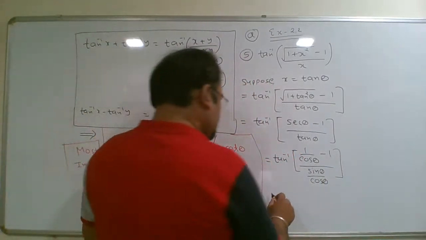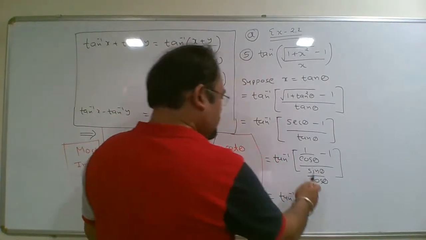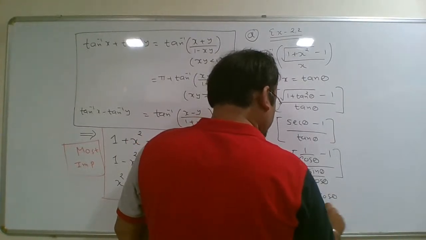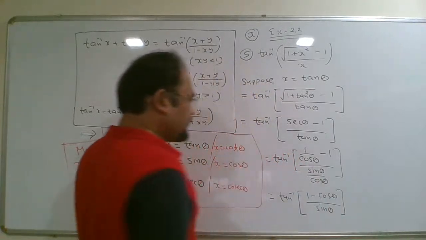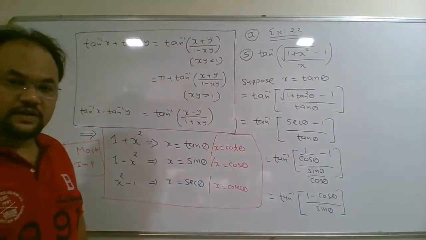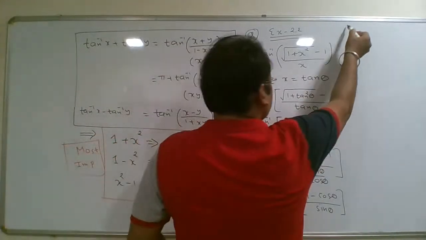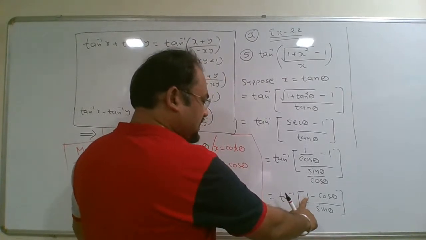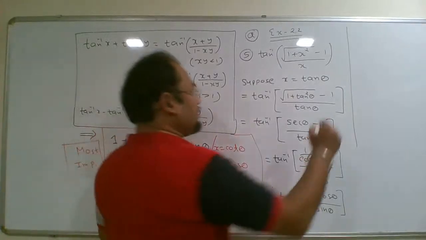Clear? Okay. So which is equal to tan inverse of, cos theta is the LCM, so 1 minus cos theta whole divided by sine theta. So tan inverse of 1 minus cos theta divided by sine theta. Now simplification. Formula of 11th standard: 1 minus cos theta is called the half angle formula.